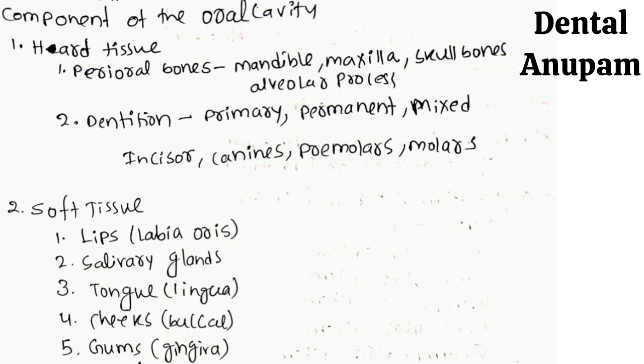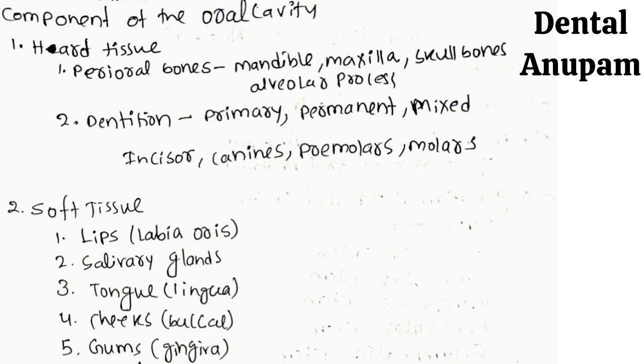In every arch, there are 4 premolars in permanent dentition, but there are no premolars in primary dentition. Molars are larger teeth with more cusps than other teeth and are used to chew or grind food.